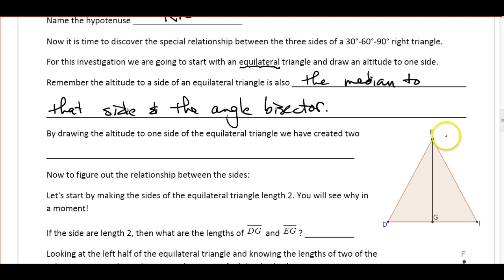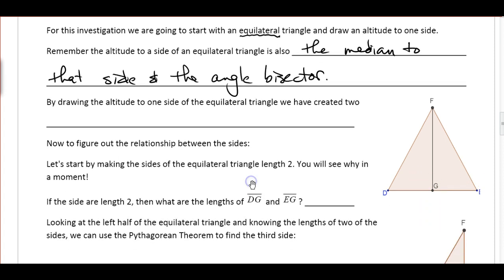So here's my equilateral triangle. DFI is an equilateral triangle. I'm not sure what letter that's supposed to be over there. We'll figure that out in a little bit. But since this is equilateral and I'm drawing in this altitude, altitude makes right angles. I also know it's going to be an angle bisector.